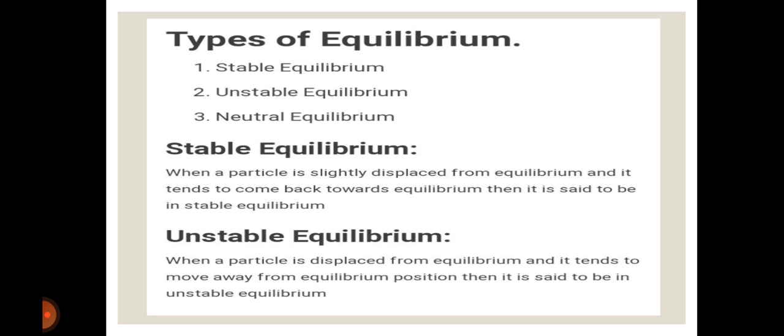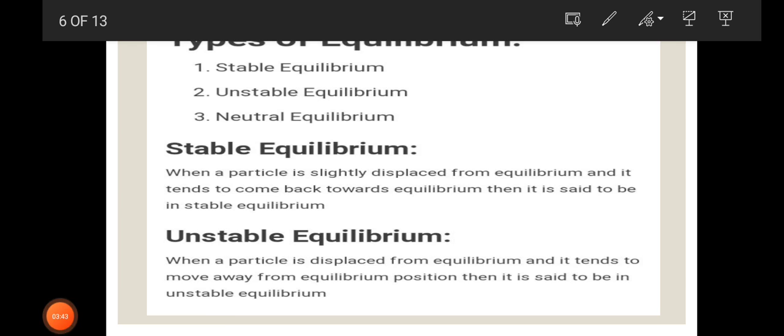So here are the types of equilibrium. There are 3 types. First one is stable, second is unstable and third is neutral equilibrium. Stable equilibrium is when a particle is slightly displaced from equilibrium and it tends to come back towards equilibrium, then it is said to be in stable equilibrium.